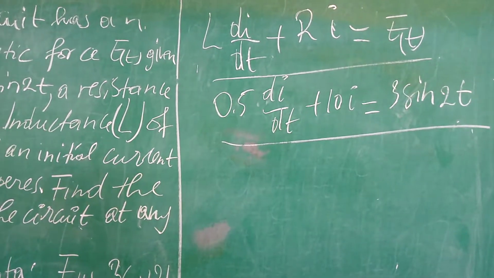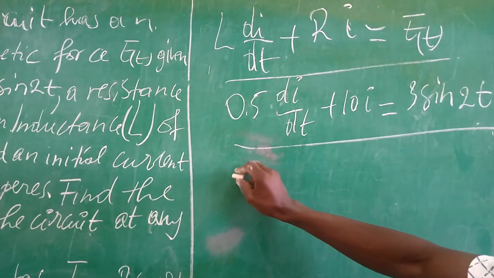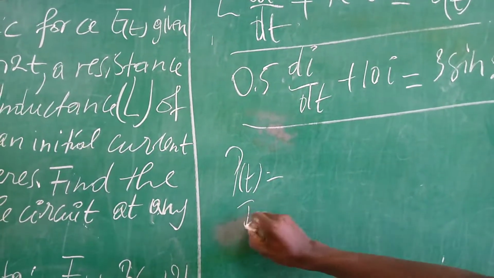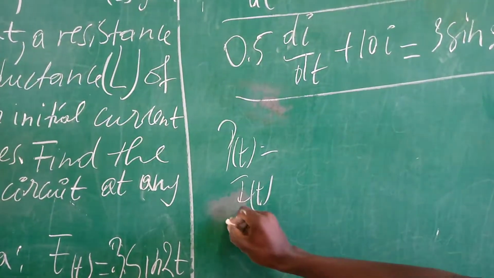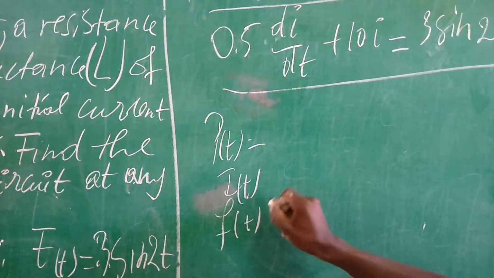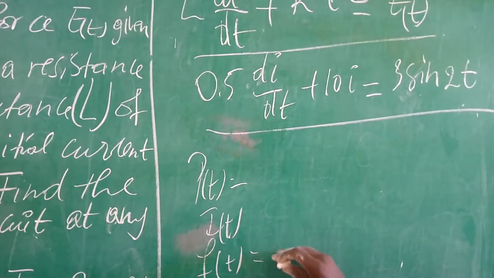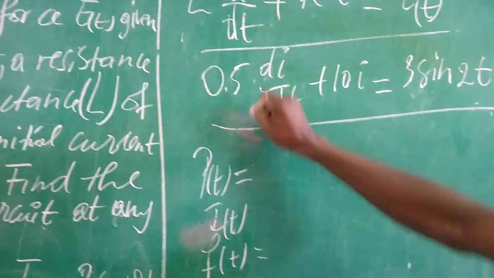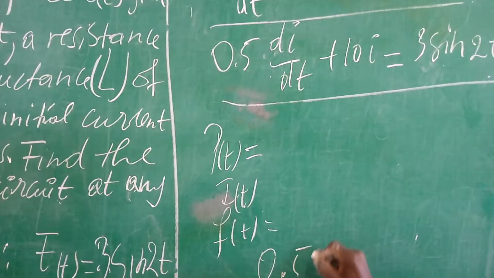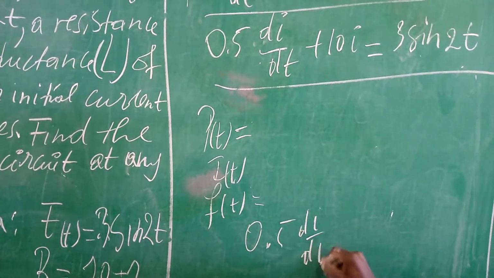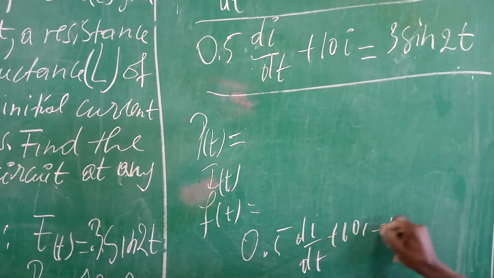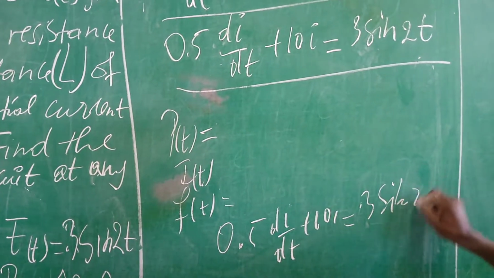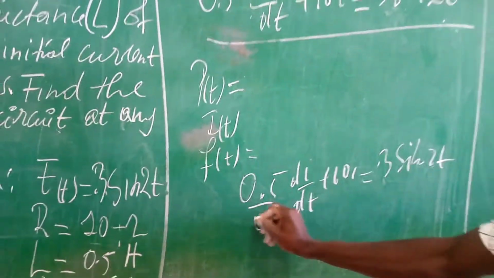And then we remember that we can use P(t) as a function of time and f(t) as a function of time. From this equation we have 0.5 di over dt plus 10 I is equal to 3 sin 2t. Then we can divide both sides by 0.5.